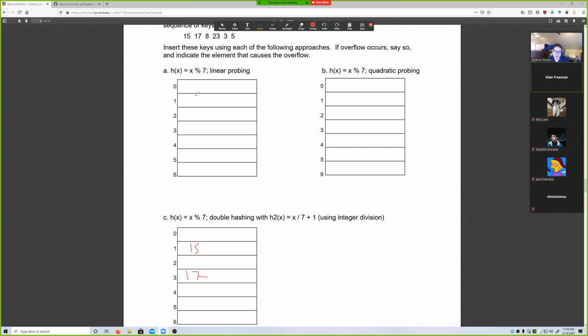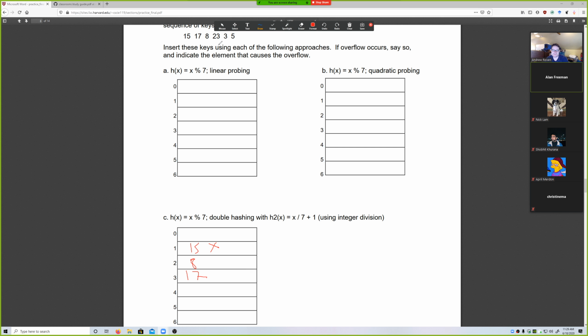And then we try to put 8 over here, but we can't put an 8 here because it's already taken. So instead we use the other hashing algorithm, which is x divided by 7. So 8 divided by 7 gives us 1, plus 1 gives us index 2. So we put the 8 over here.